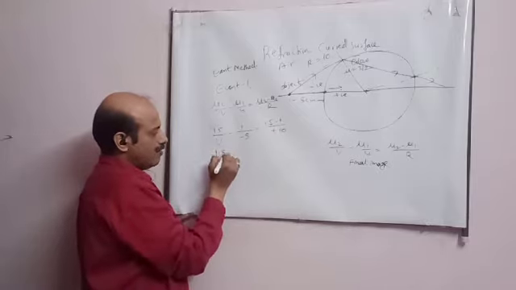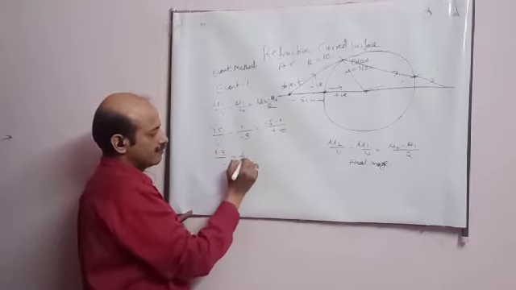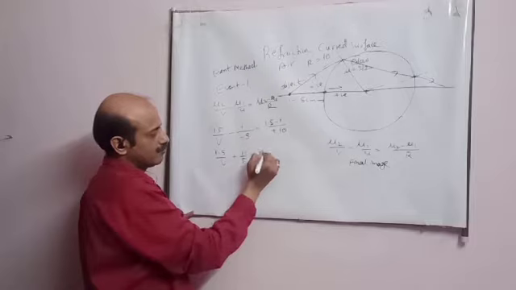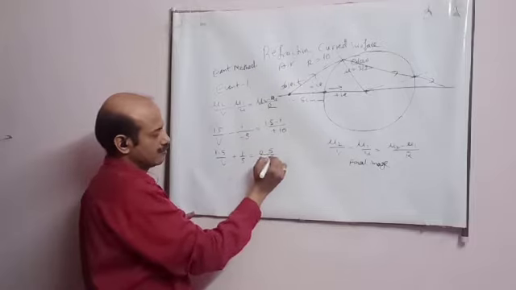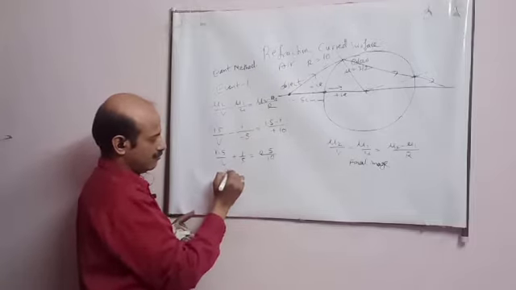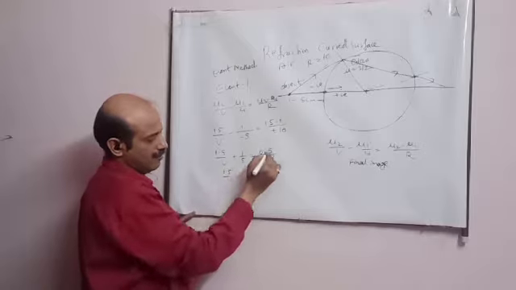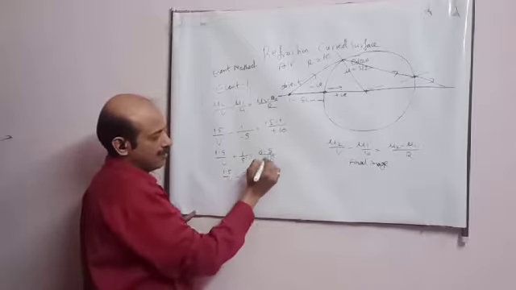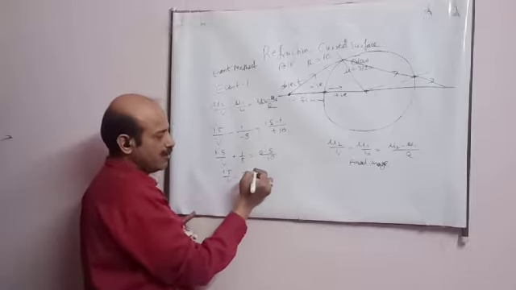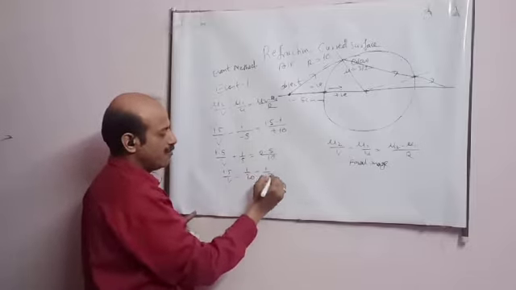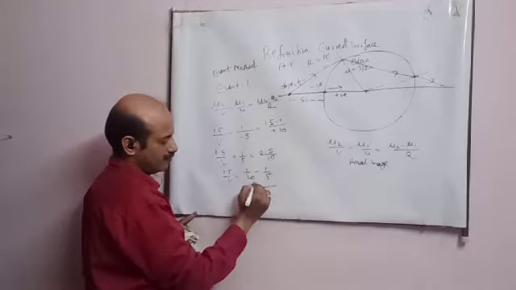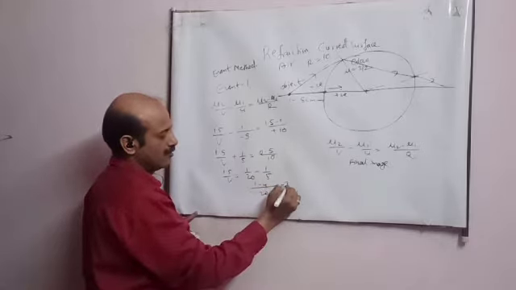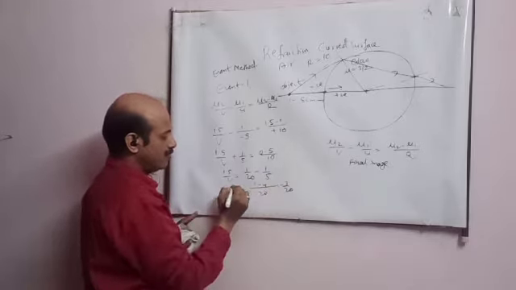So this, student, I will solve. If I solve it, it is 1.5 upon v equals 1 by 20 minus 1 by 5, minus 3 by 20.